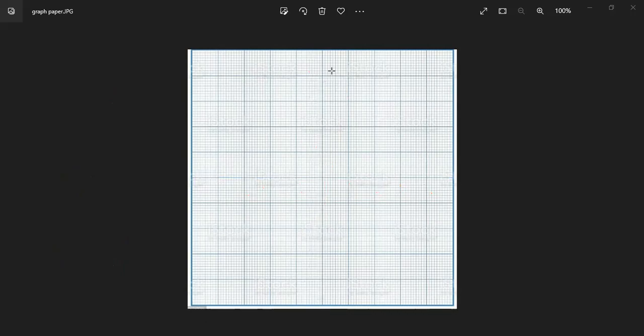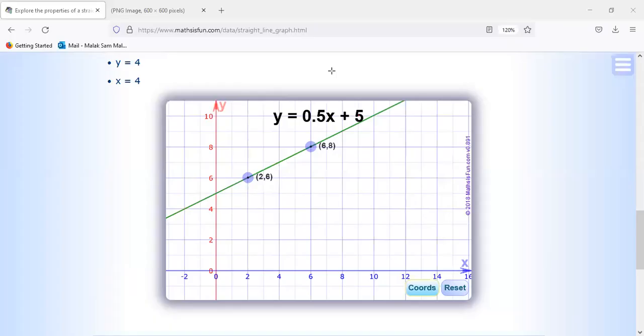Pay attention. The first step, you will find rise over run. And instead of finding rise over run, we can find the gradient by subtracting y2 minus y1 over x2 minus x1.